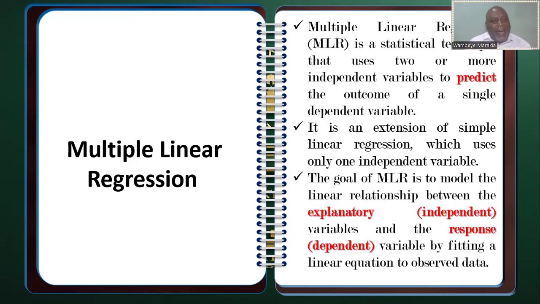And the goal of multiple linear regression is to model the linear relationship between the explanatory independent variables and the response dependent variable by fitting a linear equation to observed data.